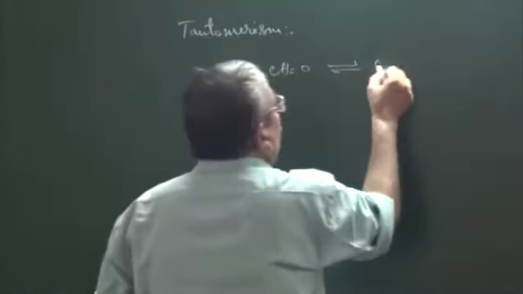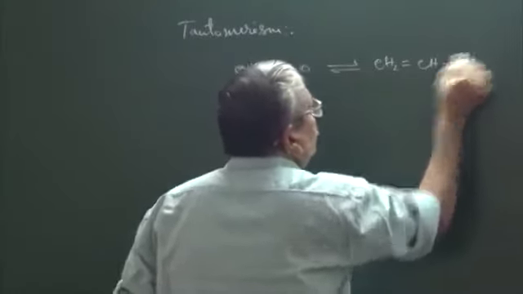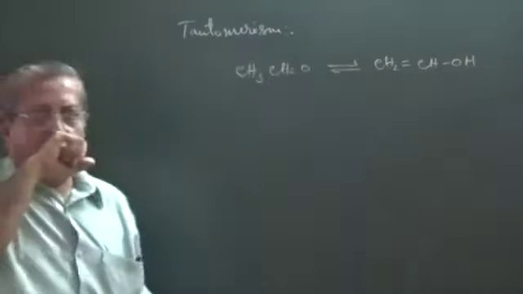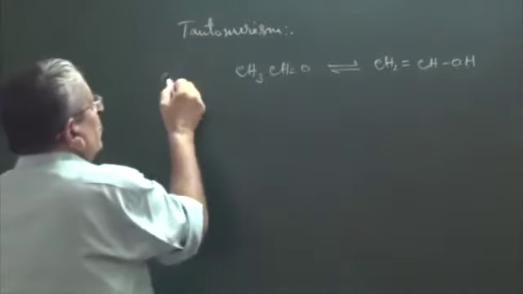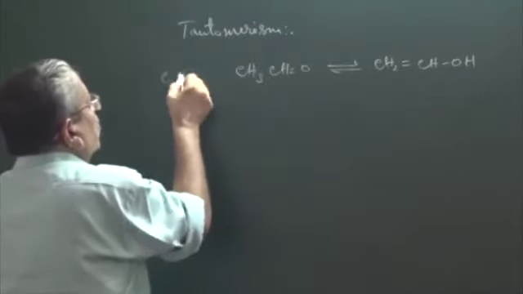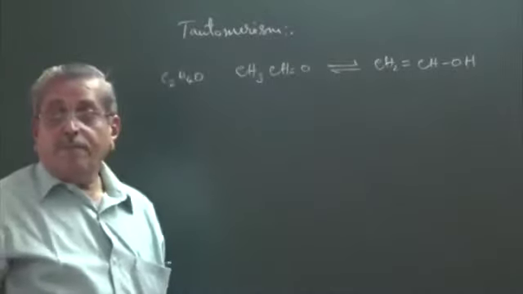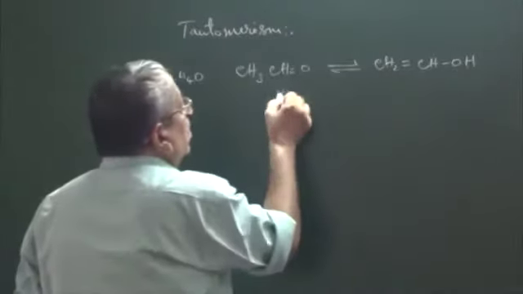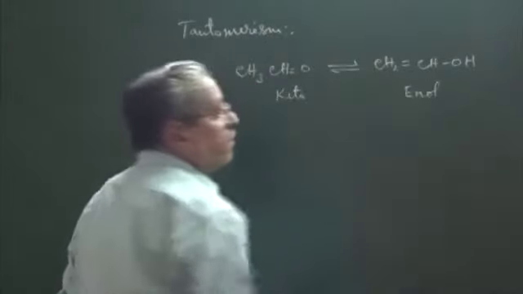It can also exist in this form, CH2=CHOH. Both have the same formula, C2H4O. This form is called the keto form. This form is called the enol form.